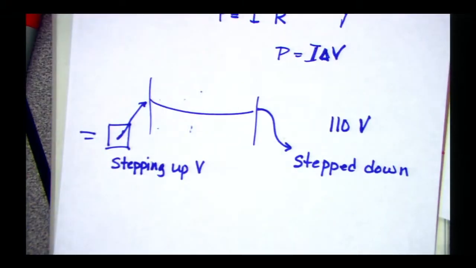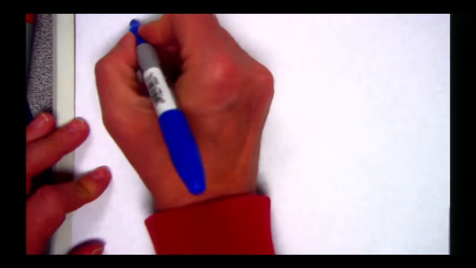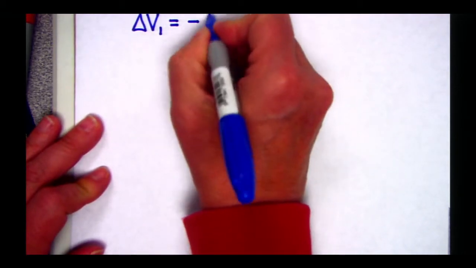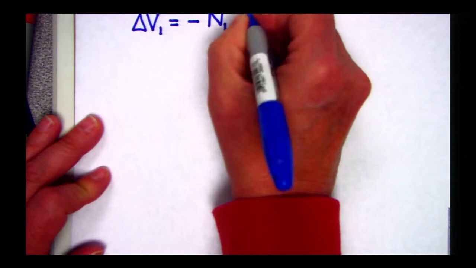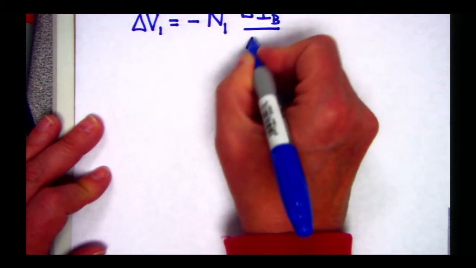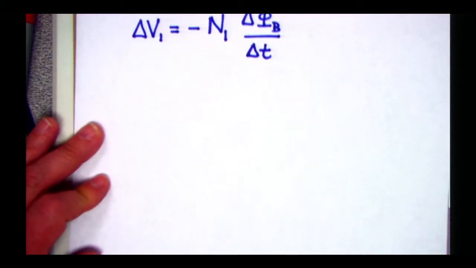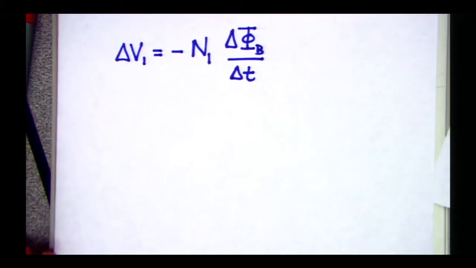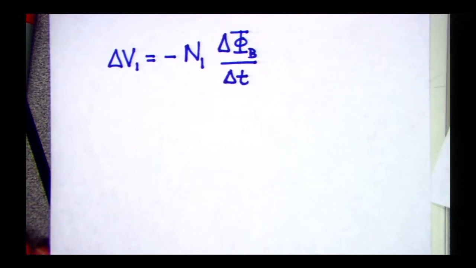And how you look at these systems, you get a transformer equation that looks like this. So my change in voltage, and we saw this already, is going to equal, because we've talked about solenoids, my change in flux, just like that, right? We've seen that equation. That was the solenoid equation that we had.